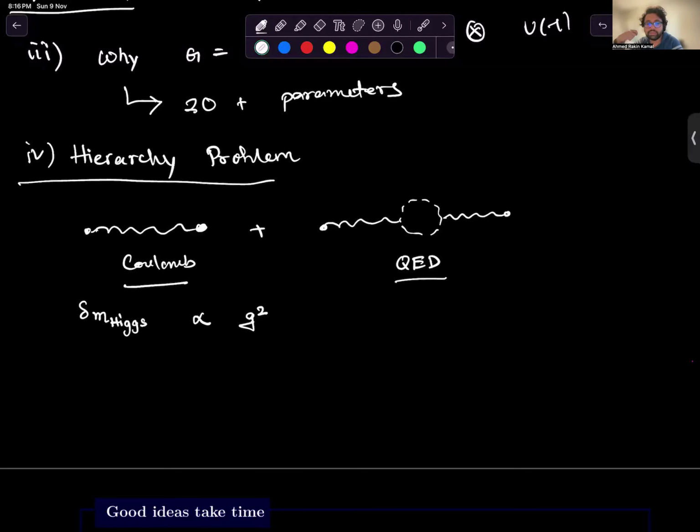That is, it will be something called renormalized. So these couplings get a correction proportional to some quantity, and the Higgs mass gets a correction. What I mean by delta M Higgs is a correction to the Higgs mass.